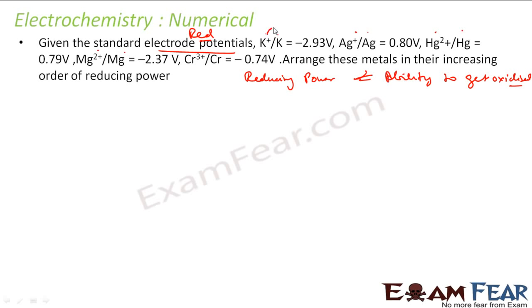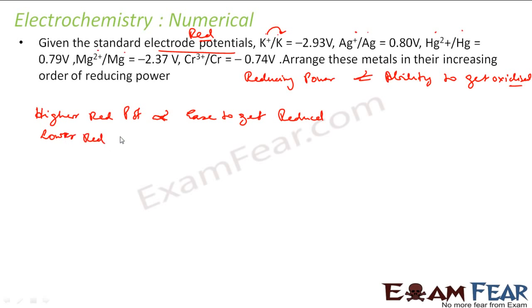So this is the reduction potential, right? So higher reduction potential implies ease to get reduced, right? That means lower reduction potential will imply what?